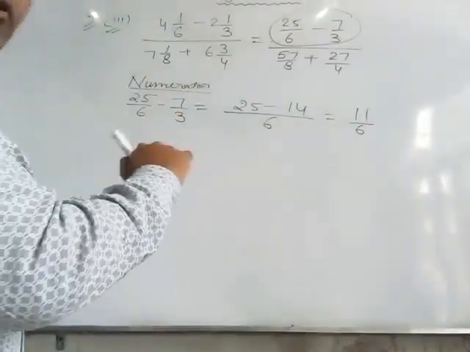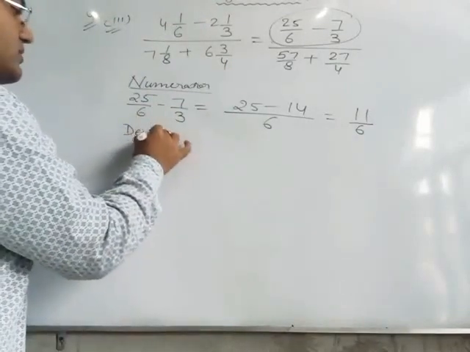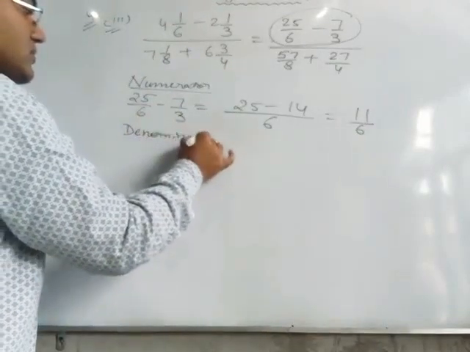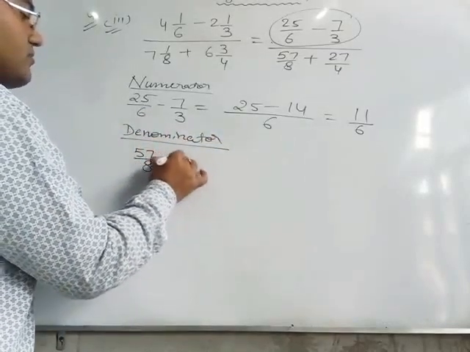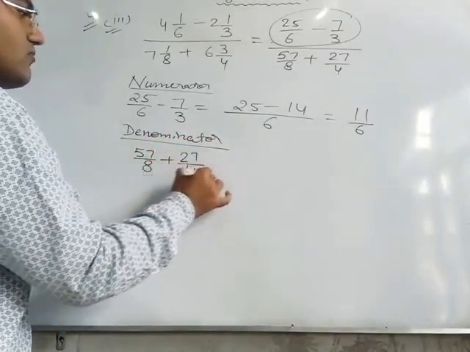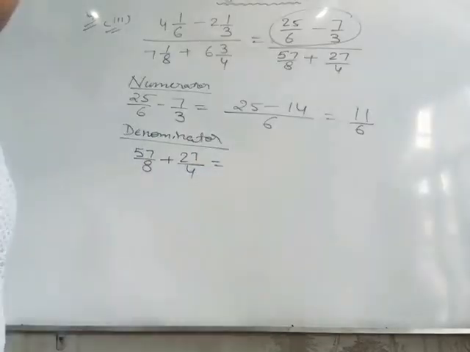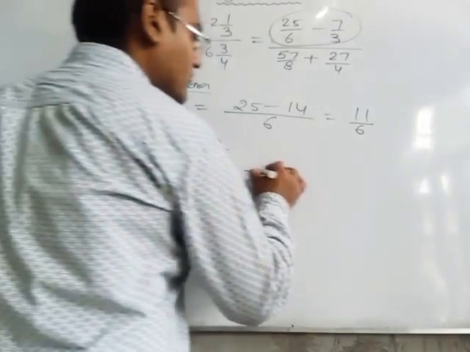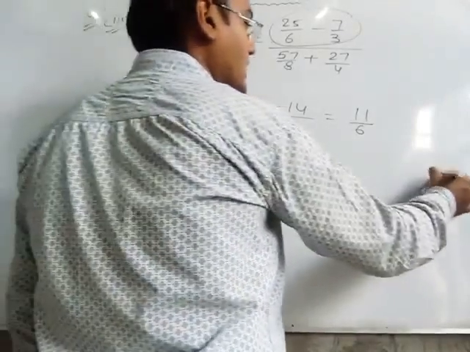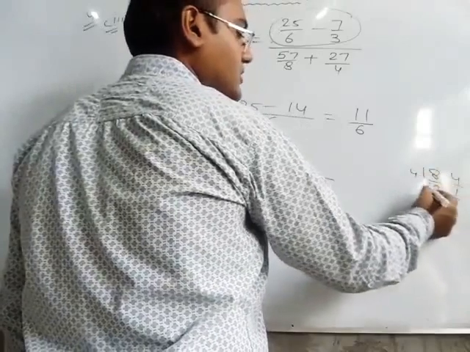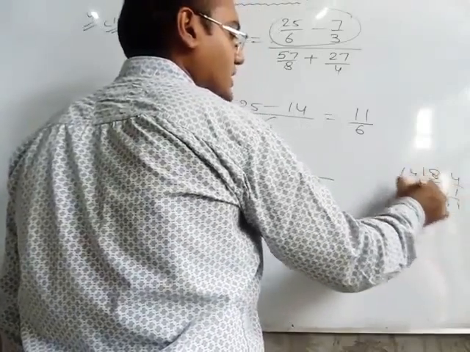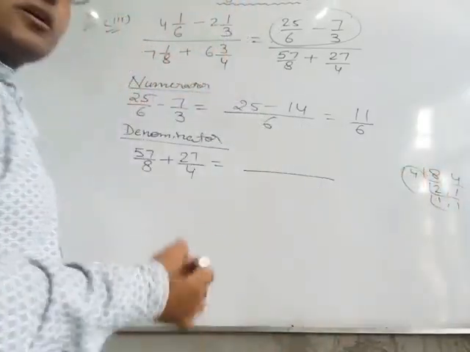Now we will come to the denominator. Denominator is 57 upon 8 plus 27 upon 4. This is the denominator. First of all, what will we do? We will take the LCM of 8 and 4. 4 2s are 8, 4 1s are 4, 2 1s are 2. So the LCM of 8 and 4 is 8 only.